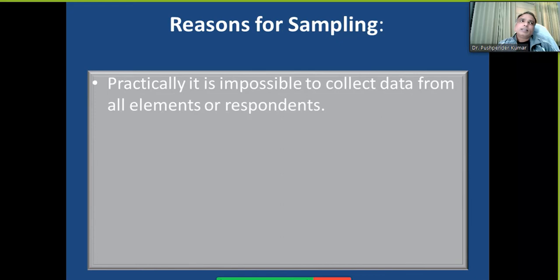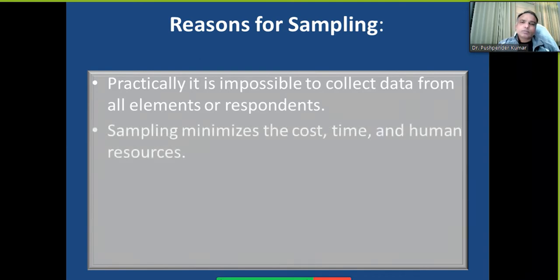Maybe they are leaving, maybe they are not very active, maybe very passive. Same thing with the account number, right? So you don't have that particular information, so you cannot collect it, and it is time consuming and money consuming. So practically it's very difficult to collect information from all.